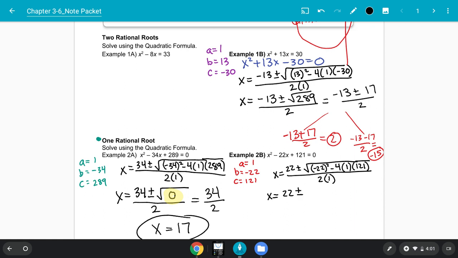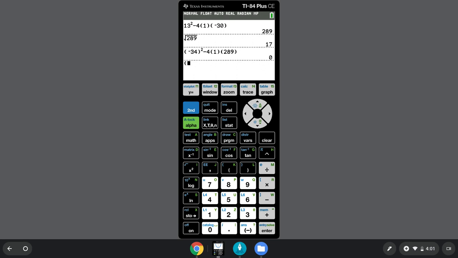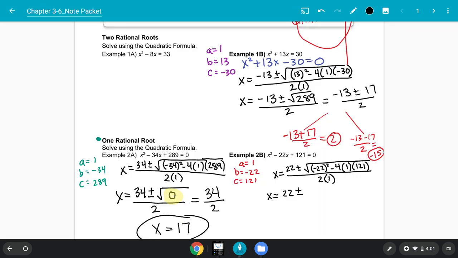Negative 22 squared minus 4ac is 0. Okay. All over 2, which means 22 divided by 2, which is 11.